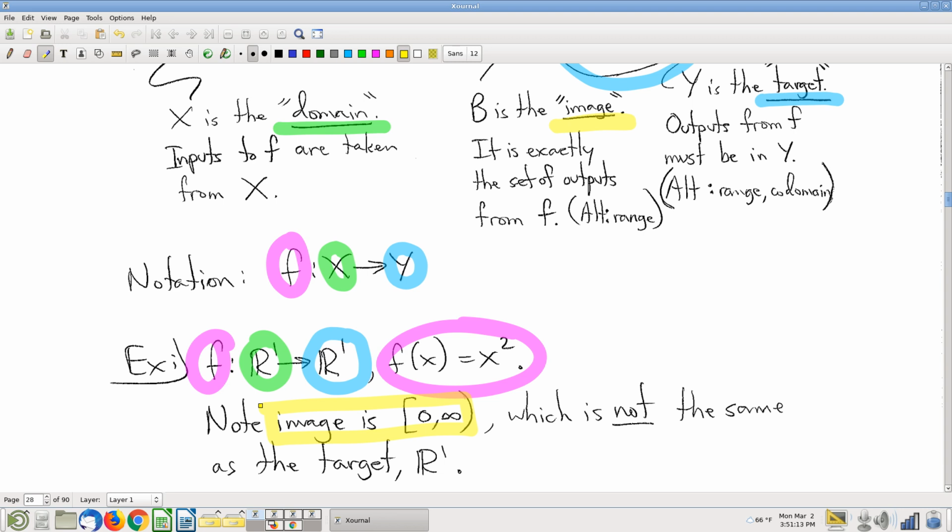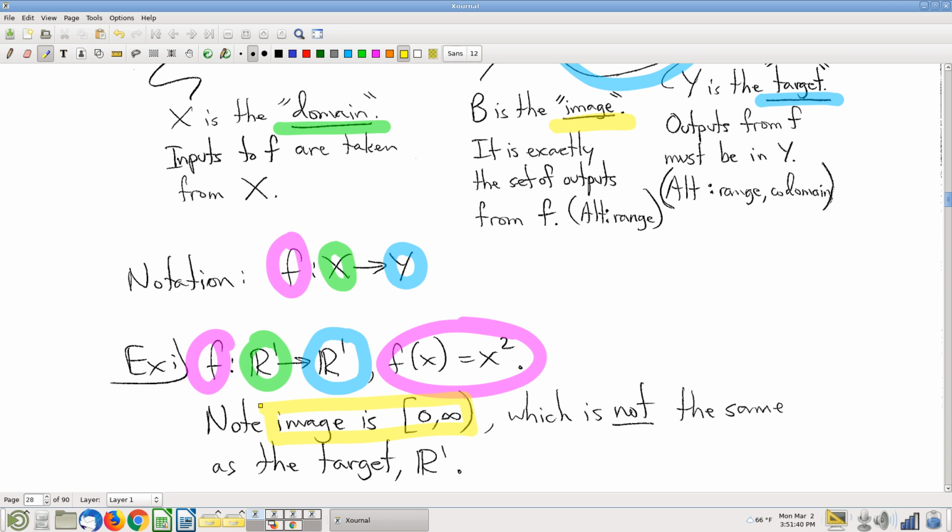That doesn't contradict my promise that they will always be real numbers, it's just refined further information. It will produce all non-negative numbers, and everything that comes out will be a non-negative number. So the image is exactly the set of non-negative numbers. At which point, a lot of students think, well, then what's the purpose of the target?